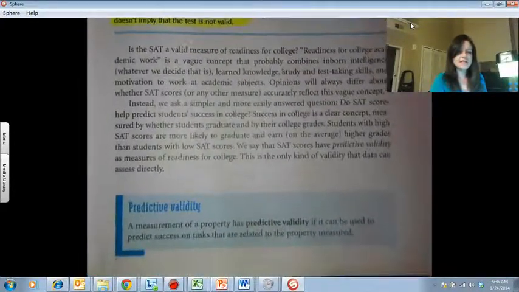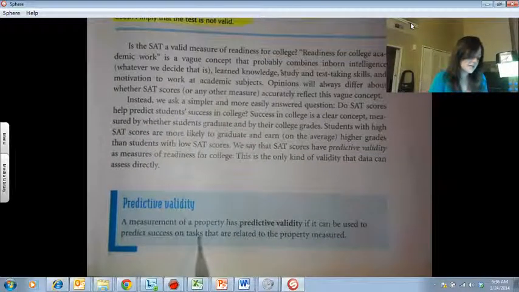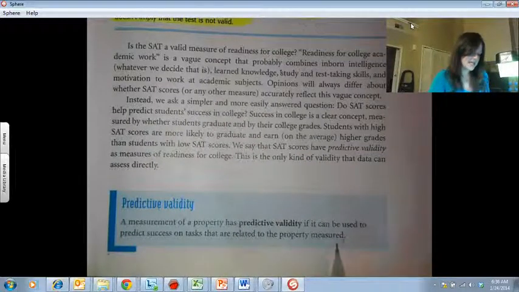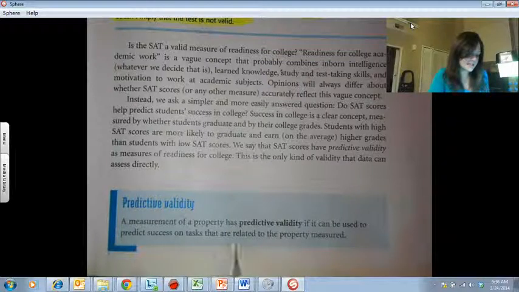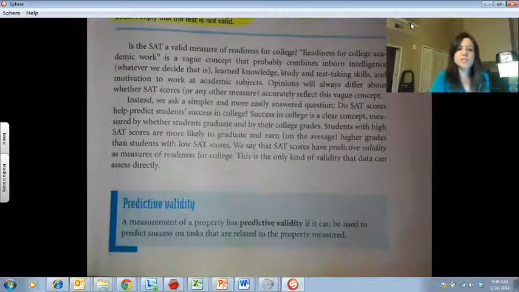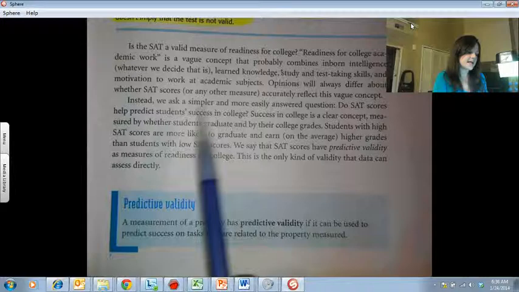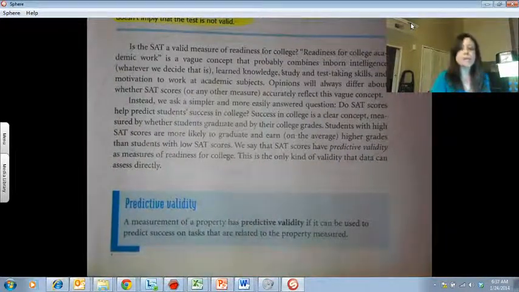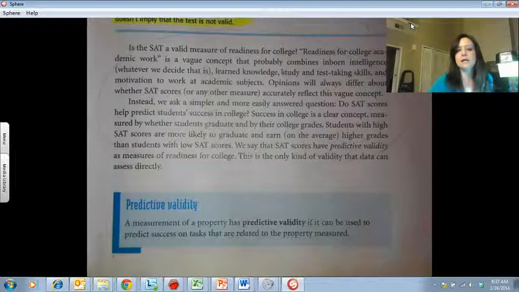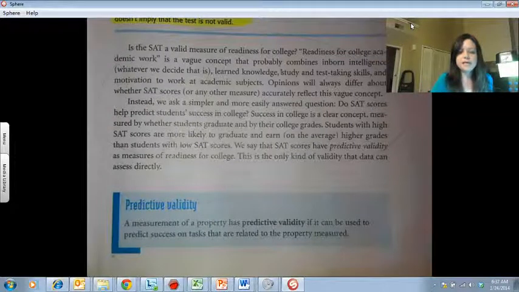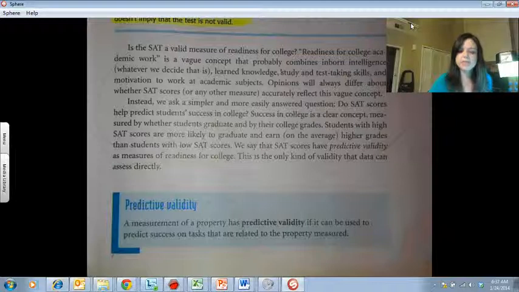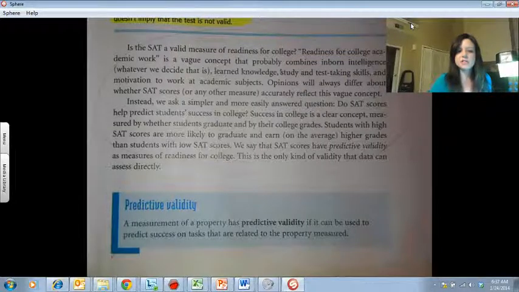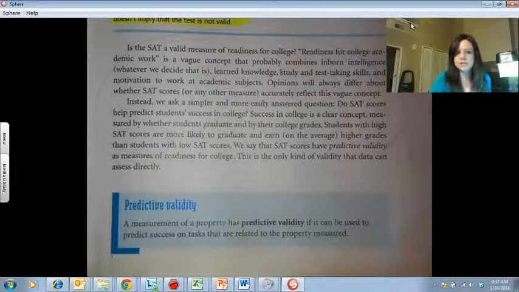The last thing we're talking about is predictive validity, right here. A measurement of a property has predictive validity if it can be used to predict success on tasks that are related to the property measured. And it's talking about SAT again, right here below example 1.16. And what it's talking about in this one is that you can predict that more students graduate from college that have higher SAT scores.